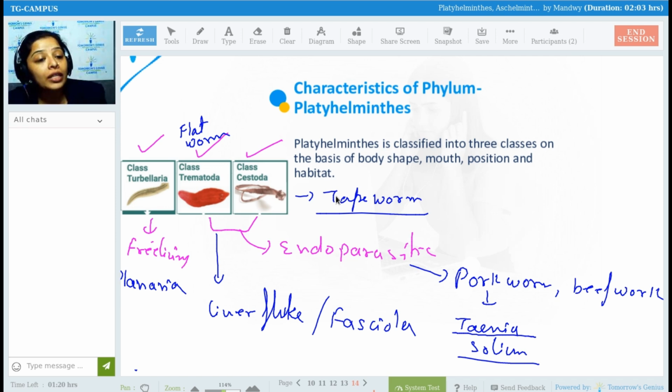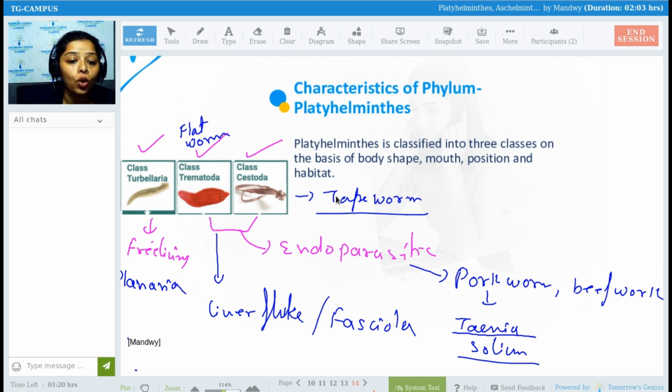As Trematoda and Cestoda are parasitic in nature, that means they definitely complete some phases of their life cycle in the host also, right? So Trematoda has two hosts, primary and secondary.